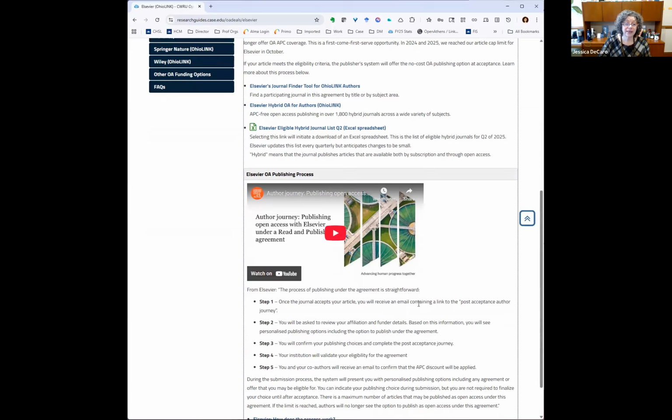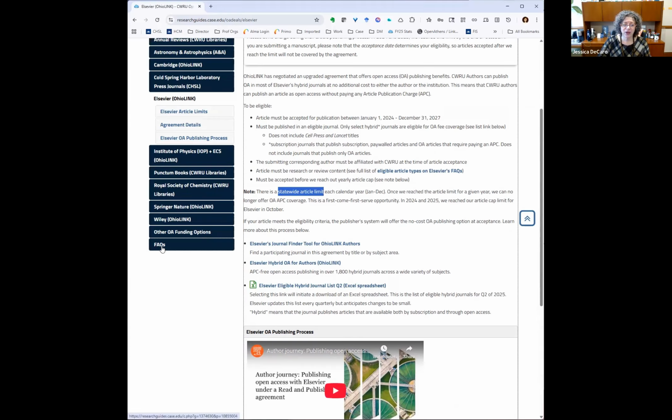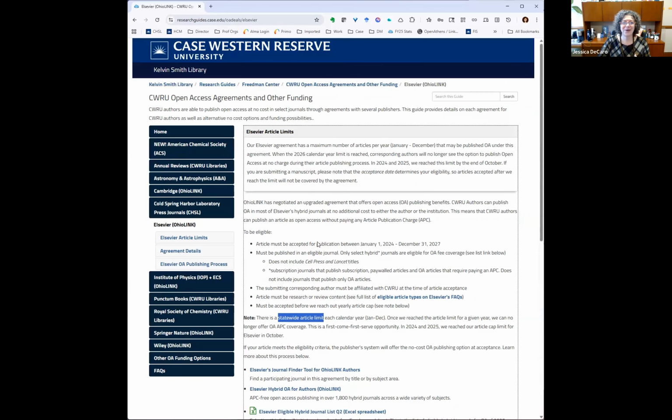I strongly suggest that as you determine what journal you want to publish in or what publisher you want to work with, that you look at this page, take a look at the FAQs, take a look at the other OA funding opportunities that we have, reach out to the library specifically to ask all of the questions that you have before you go ahead and click that button, because you don't want to make an assumption that we have an agreement for a journal that may not fall under the eligibility criteria.